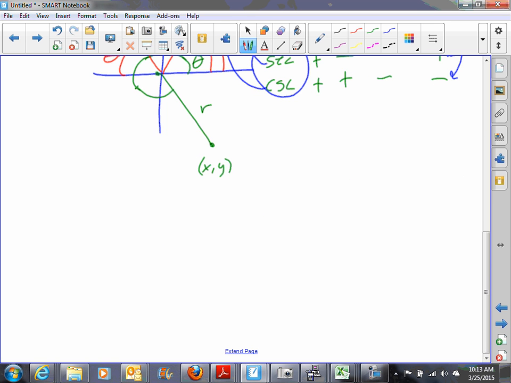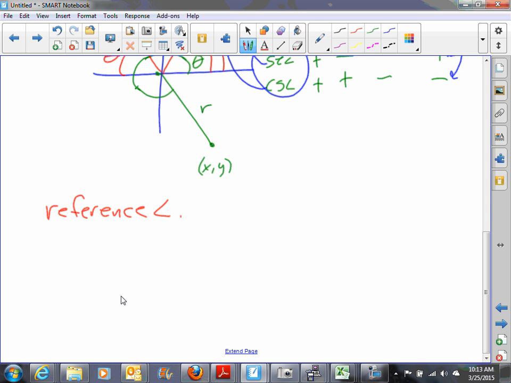Now, this is a very, very important definition. You should learn and memorize this definition and then meditate on it. Now, a reference angle.